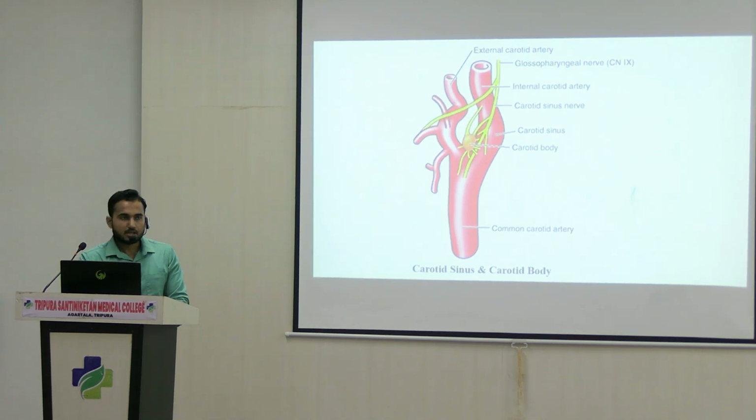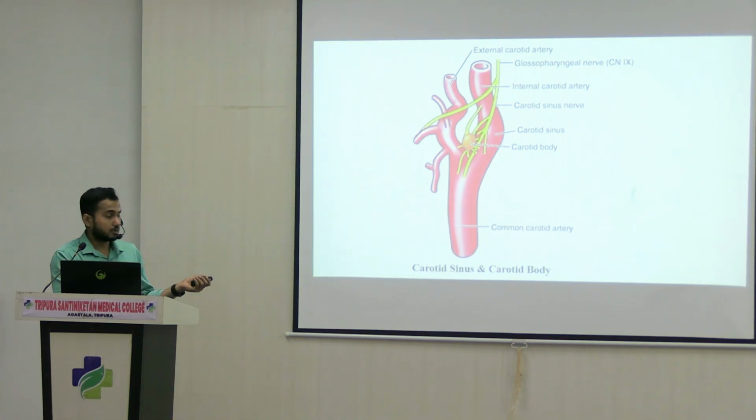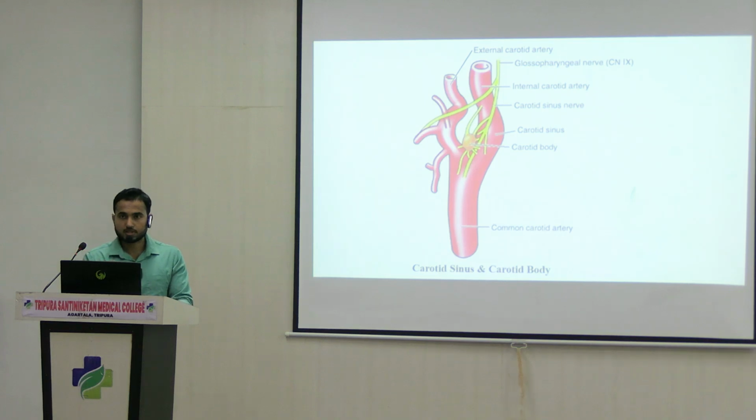They are richly innervated by the glossopharyngeal nerve, vagus nerve, and sympathetic nerves. That is the carotid sinus and carotid body. Very important. Applied aspect questions are asked from this particular area.